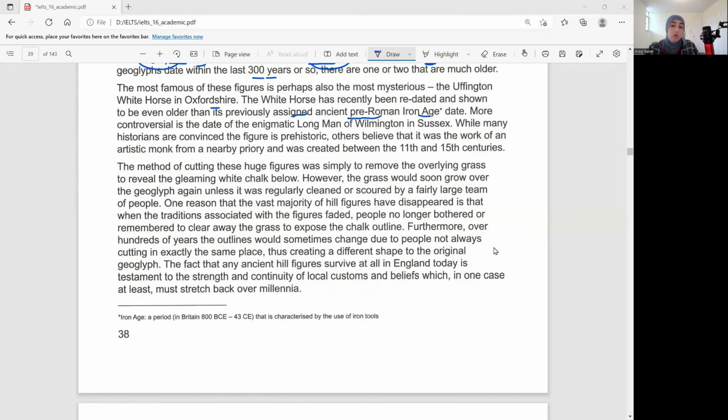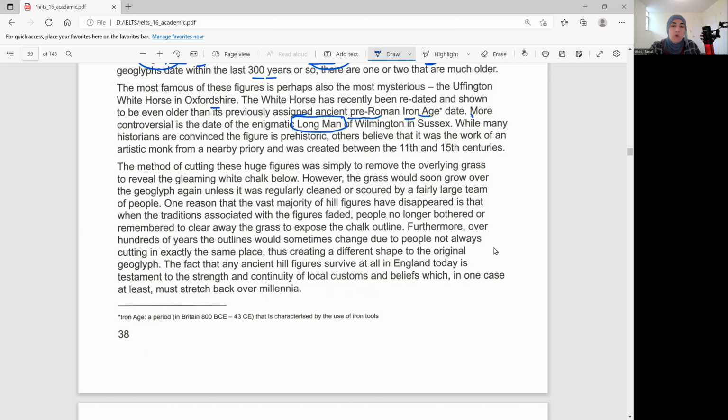Wherever we stop, we just continue. So I stopped here. I read a little bit looking for Long Man of Wilmington. So I just scan through very quickly looking for that detail. Here it is. So I want to read from the beginning of the sentence from the word more. So let's read it together.